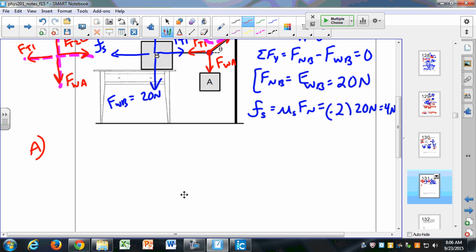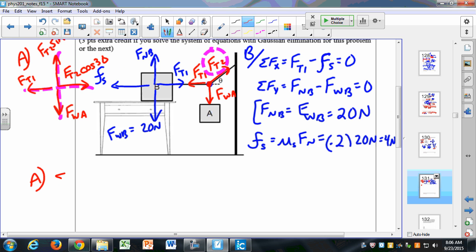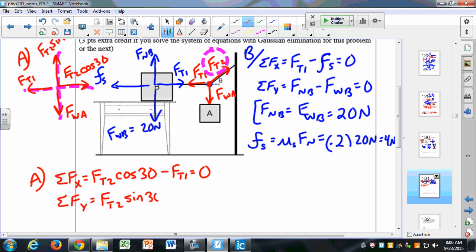For block A, you get ft2, sum of the forces in the x, sum of the forces in the y, equals 0.